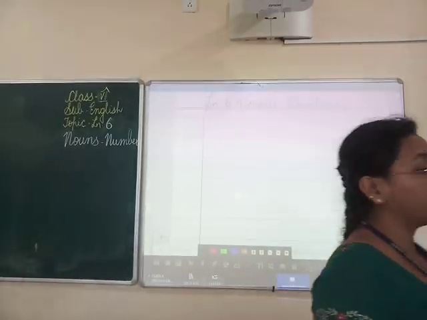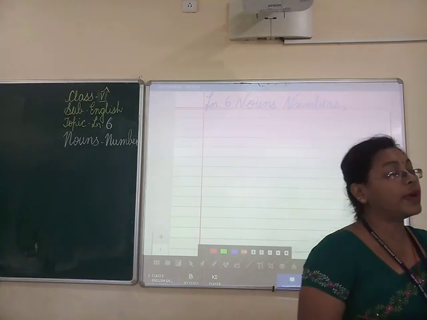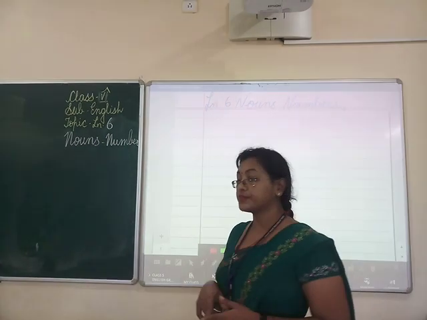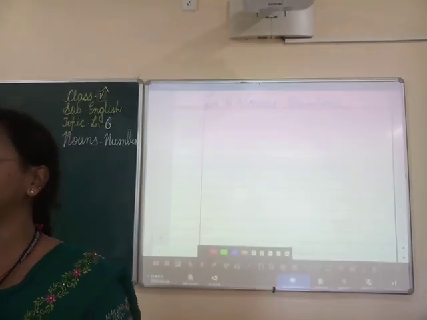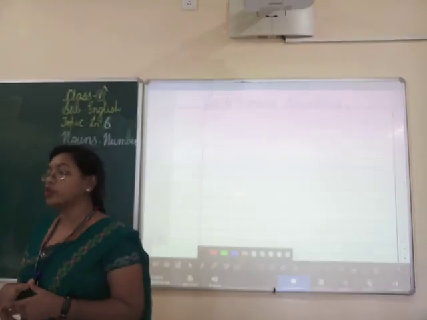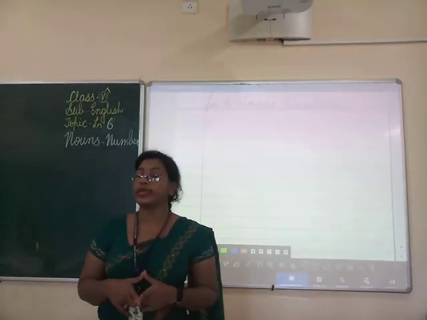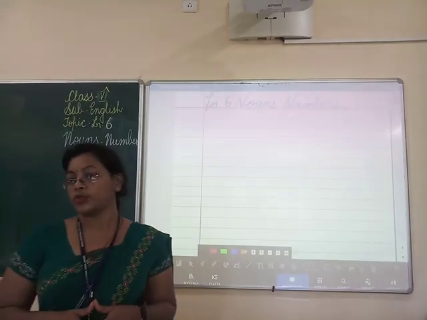At the same time, when we are going for a word that ends with y, but it is followed with a vowel, then there we use only s. We will not change y into ie and will not add es. We will just put s there.